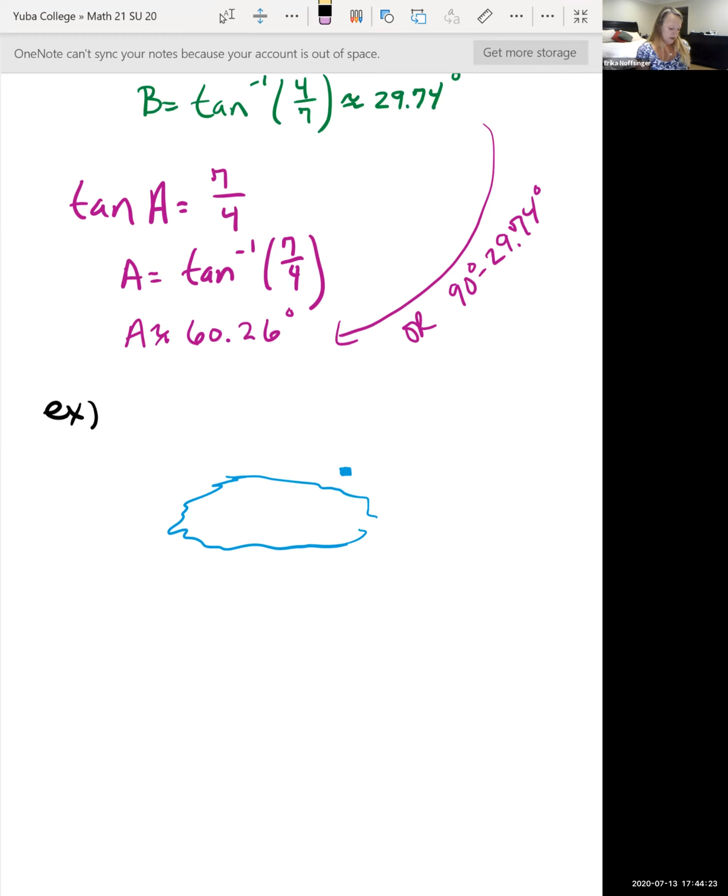So he set up a transit on one side of the lake, 120 feet from a piling that is directly across from the pier on the other side of the lake, to see the piers on the other side of the lake. So here's some piling.